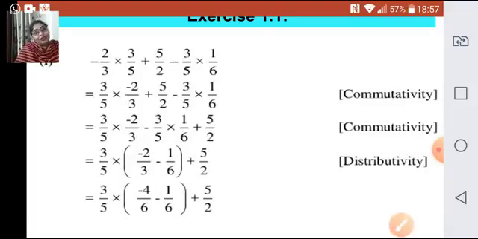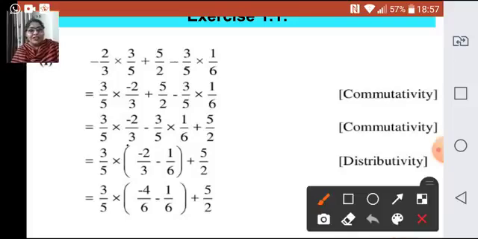Moving ahead, now we have to solve it, children. So you can see here we cannot solve this bracket without taking the LCM, because when we solve fractions, we have to bring them into like fractions. Denominator should be same. So we are taking the LCM. So 6 we will take, and 2 multiplied by 2 will be negative 4, and rest of the terms as it is.